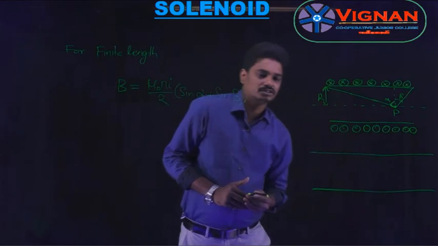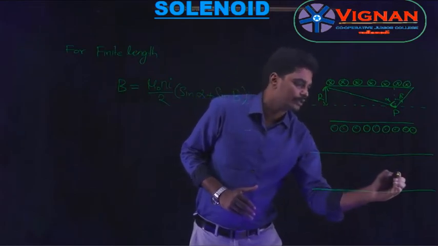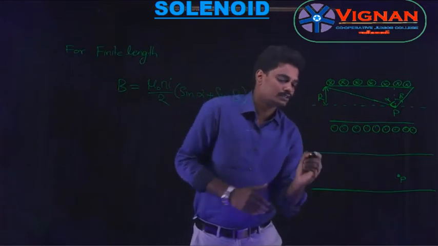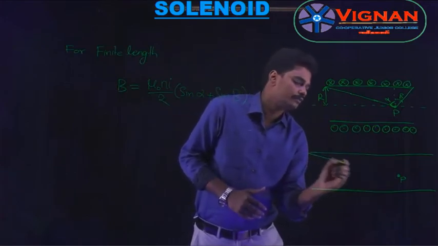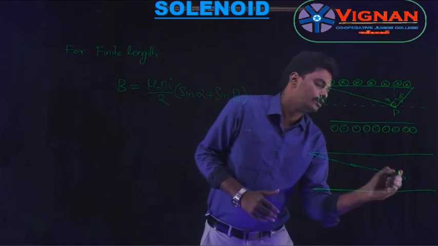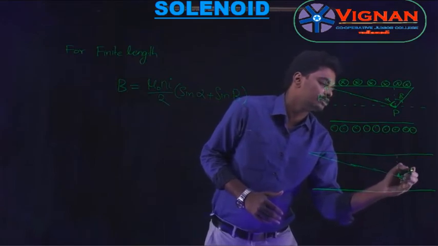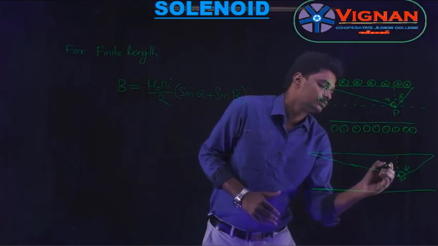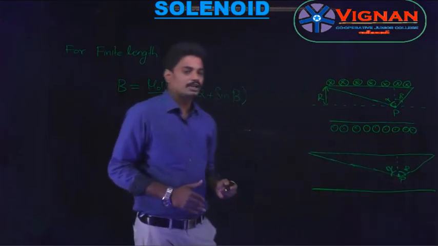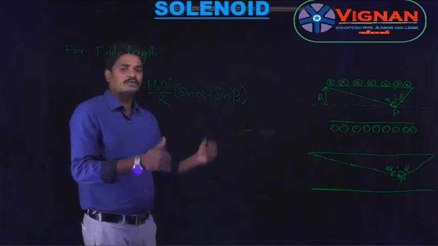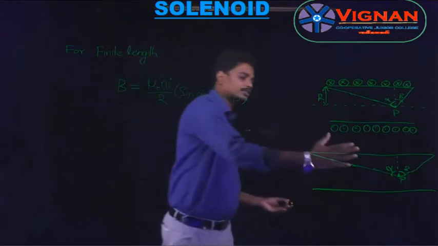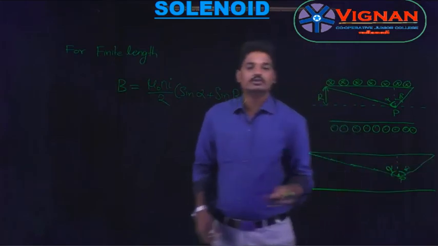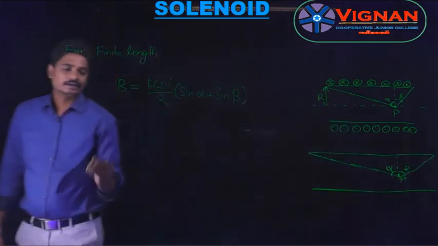If the length of the solenoid increases, what will happen? If this is the solenoid and a point P, as the length of the solenoid increases, you can observe that the values of alpha and beta also increase. For an infinite length solenoid, alpha and beta keep increasing until they become approximately equal to 90 degrees.